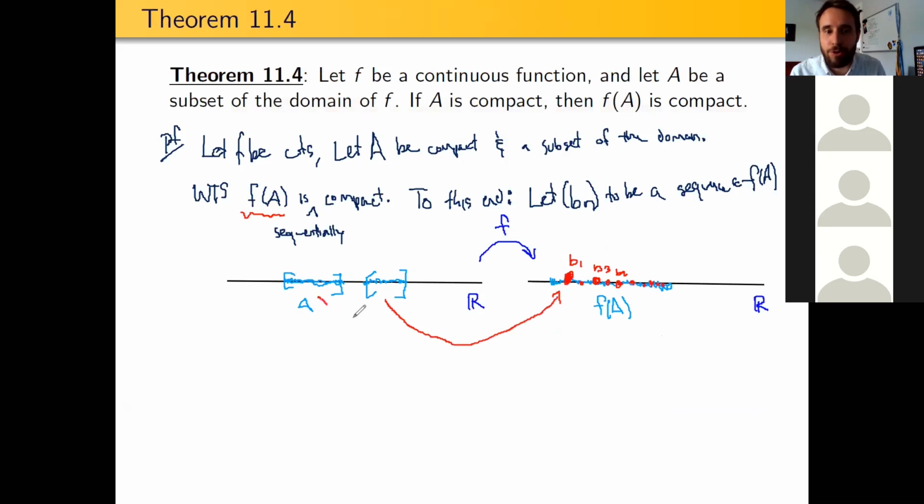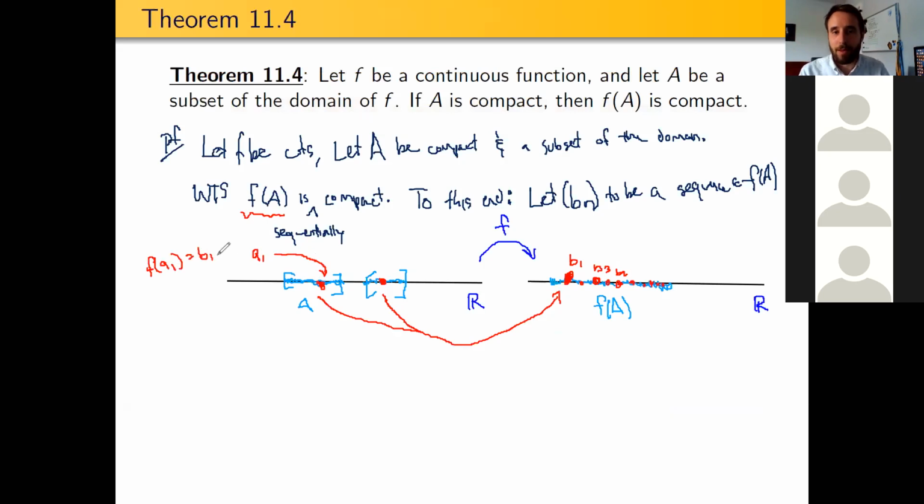Maybe there were two points that mapped to B sub 1. So there might be multiple points that map to B sub 1. I'm going to pick one of those points. Without loss of generality, let's pick this one, and let's name that A sub 1. So A sub 1 is a point in the original domain A, and it satisfied the fact that f of A sub 1 is equal to B sub 1.